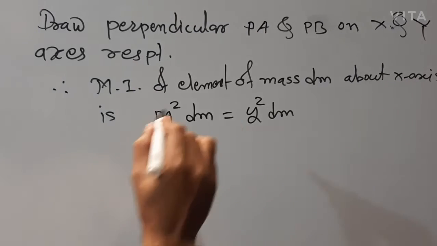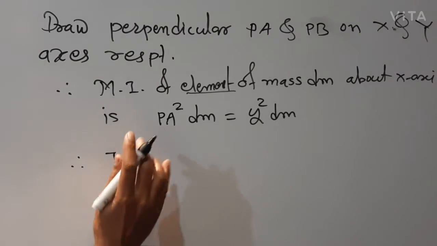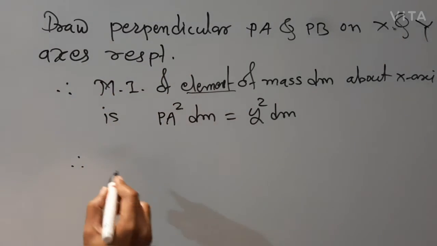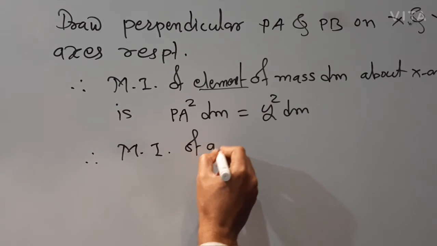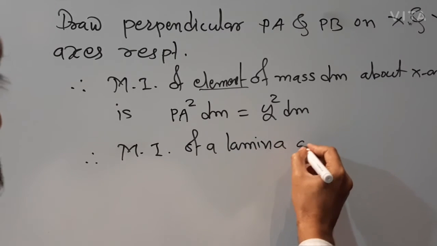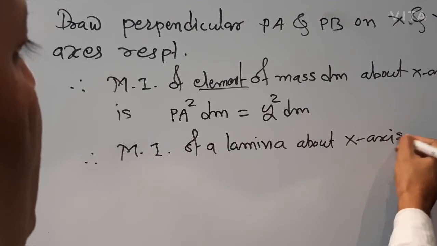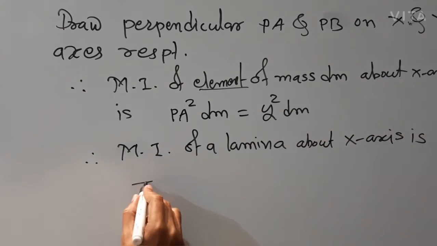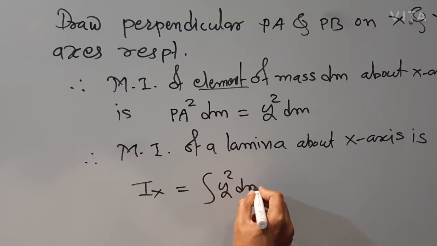This is our first step, the element. Therefore the MI of a lamina, meaning the body in this case, about the x-axis, denoted by Ix, is equal to the integration of y square dm.